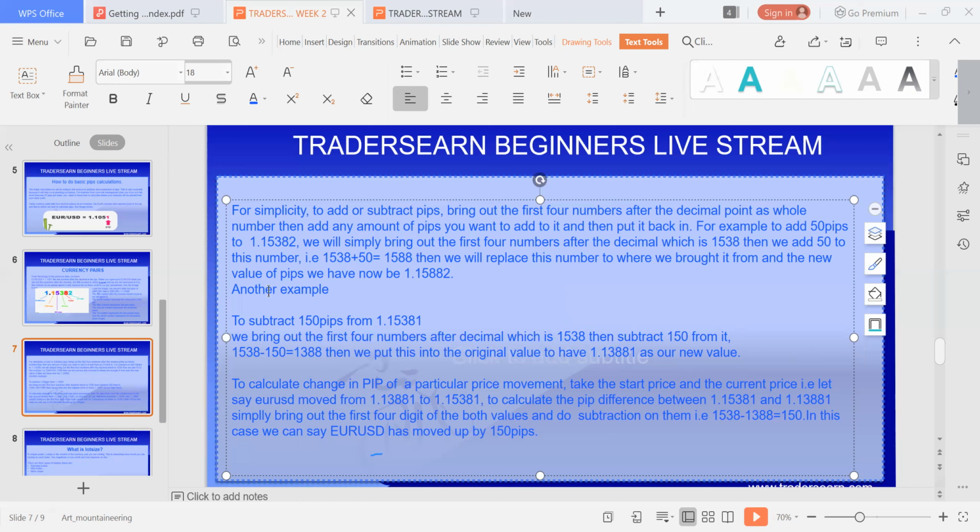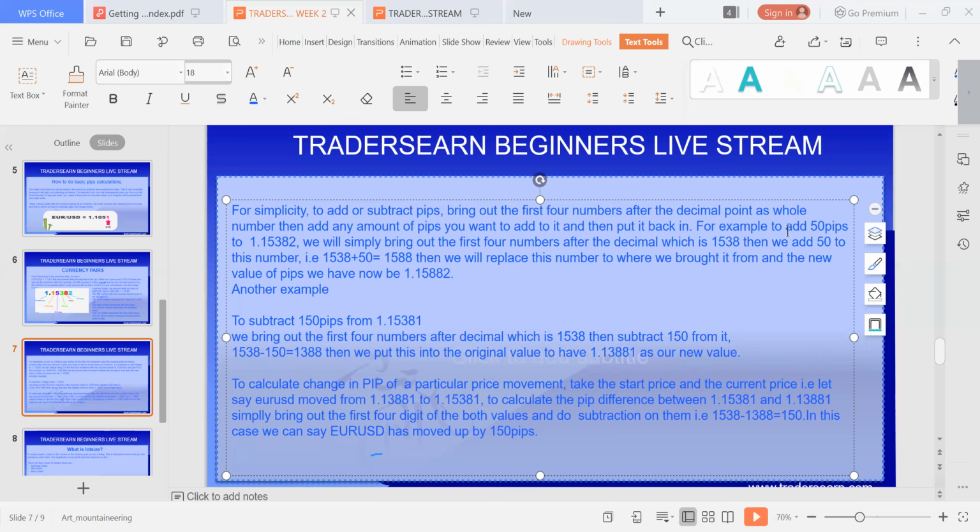Now, let me read through this that I have here. For simplicity, to add or subtract pips, bring out the first 4 numbers after the decimal point as a whole number. Then add any amount of pips you want to add to it. Then put it back in. I think I've explained that.